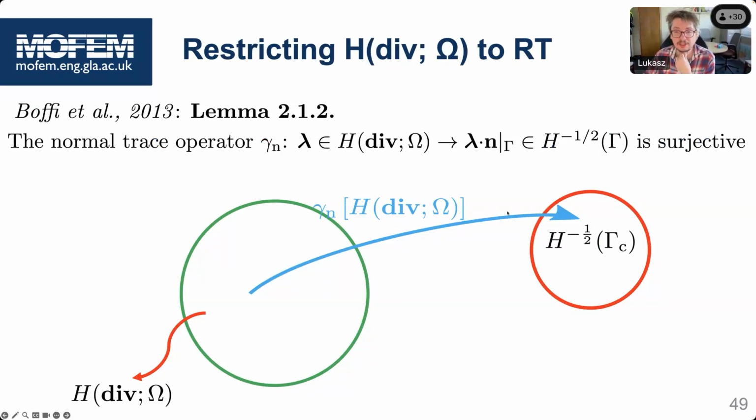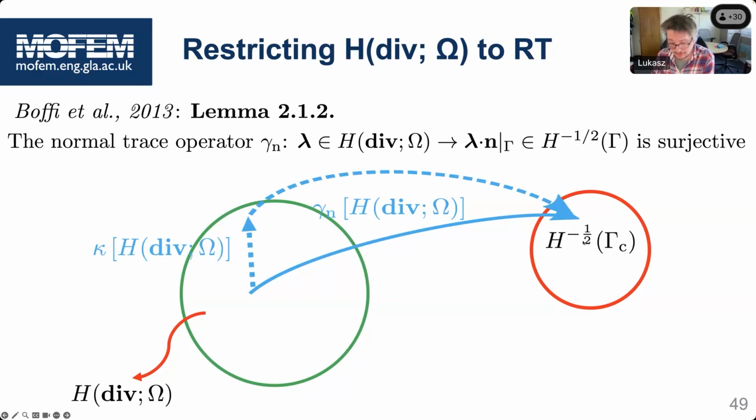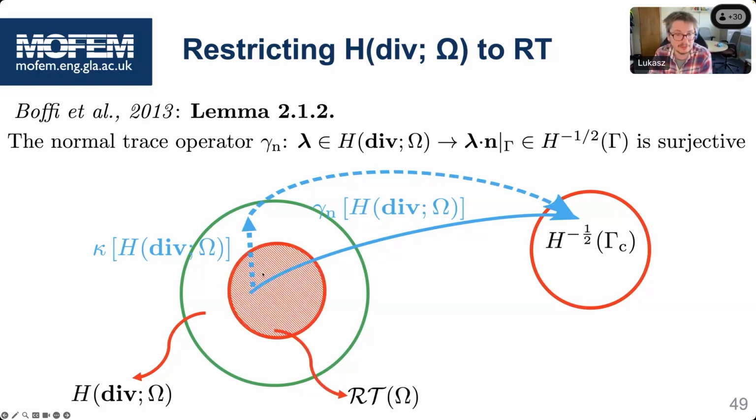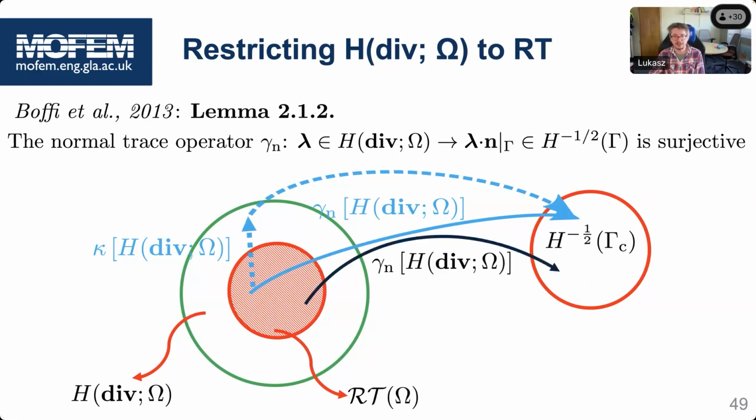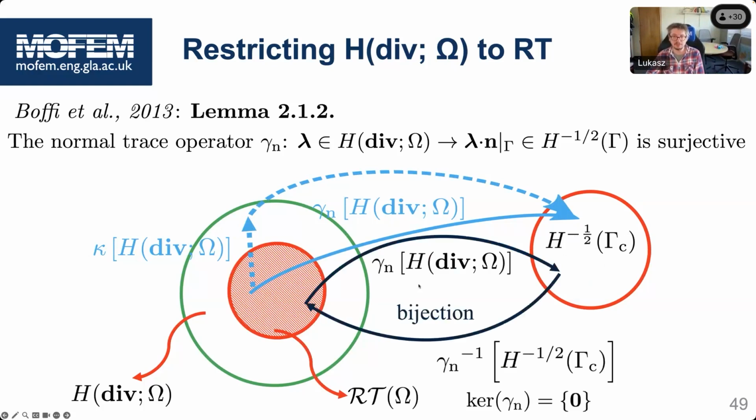There is a surjection of the H-div space onto the tractions, which are in the H-1/2 space. Two different stresses can lead to the same tractions. But when we limit ourselves to the Raviart-Thomas space, we have this bijection. So there is a one-to-one mapping between the tractions on the faces and the stresses inside.